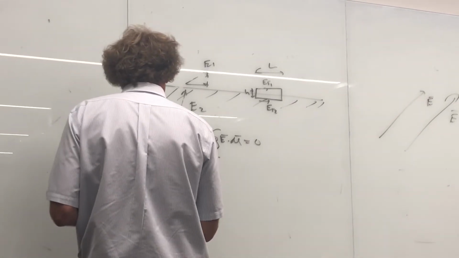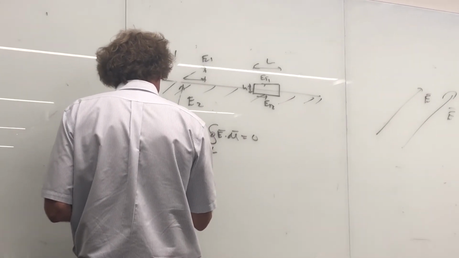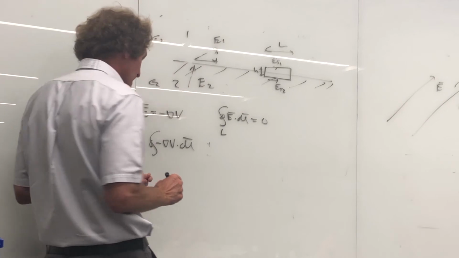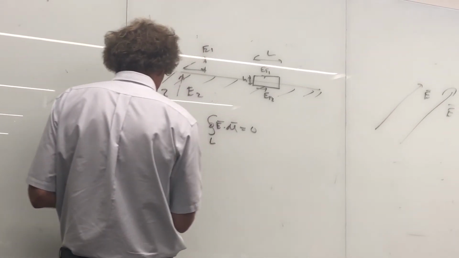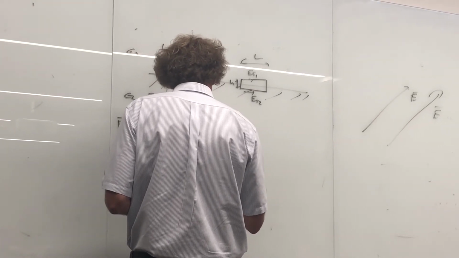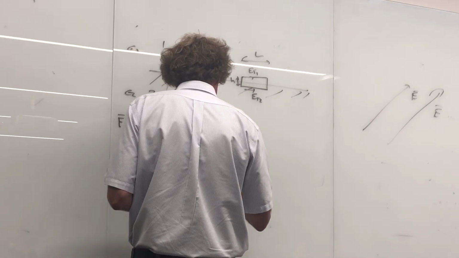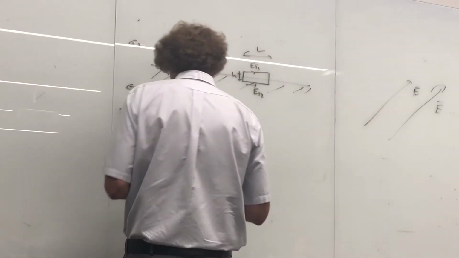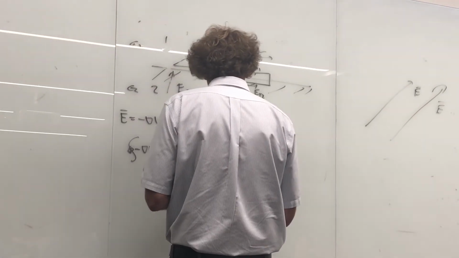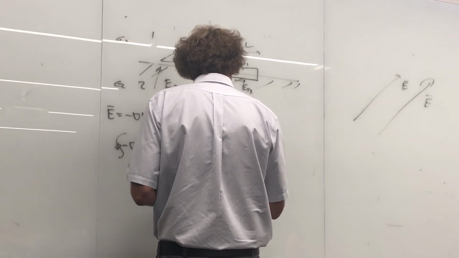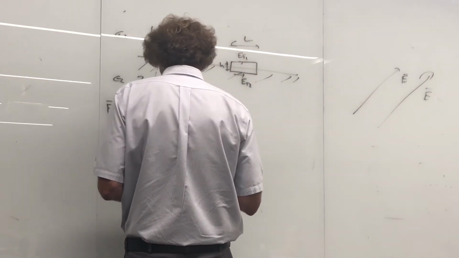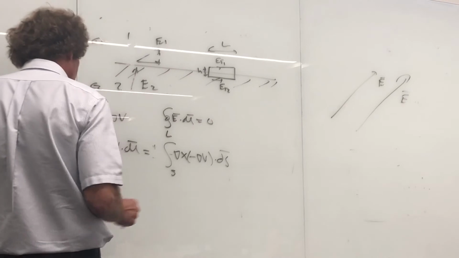Well, if I integrate minus the gradient of V dot dl over any closed loop, by Stokes' theorem, it's equal to integrating the curl of minus the gradient of the potential V over the surface that this loop would actually encircle.